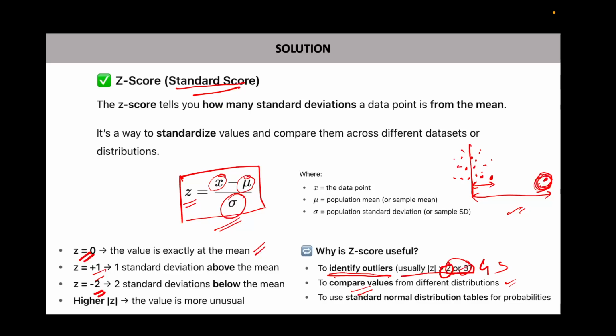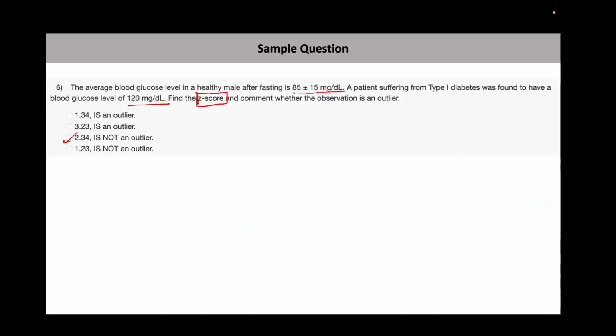But if you are dealing with a data set which has a large variation, for example this question is talking about type 1 diabetes with a blood sugar level of 120 mg, and your average is 85 plus minus 15. Type 1 diabetes data will not be limited to 120.